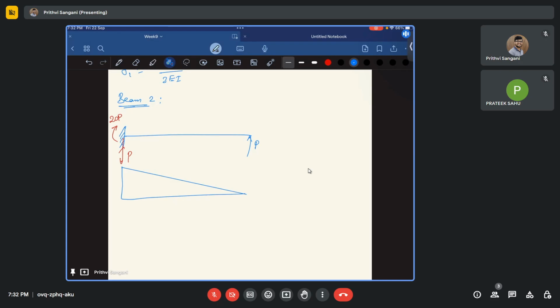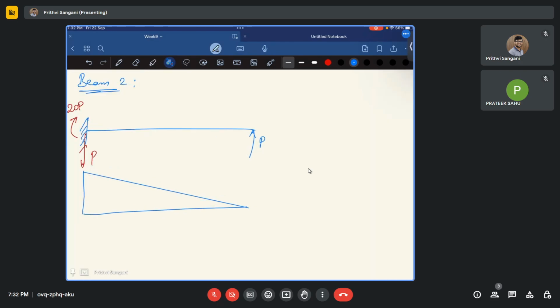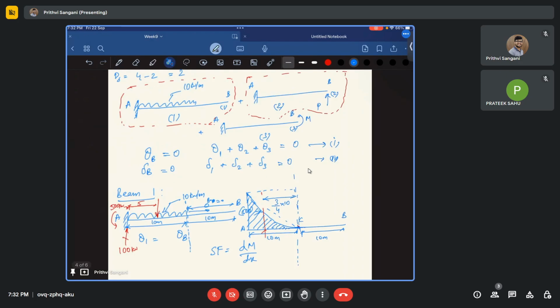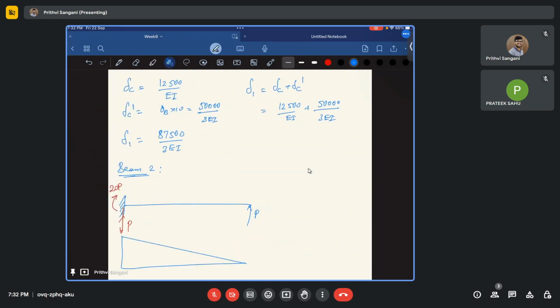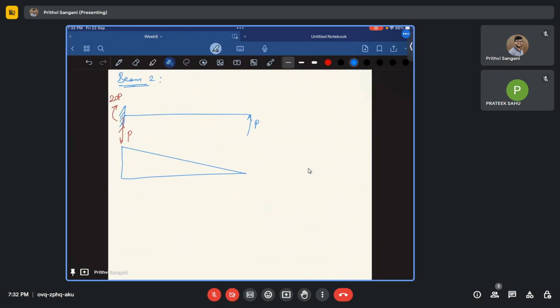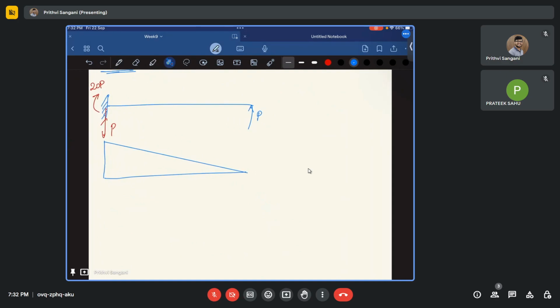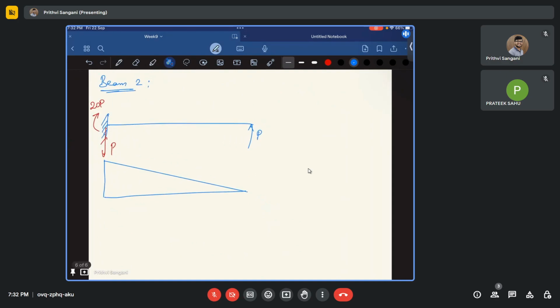Here it is going to be 20P, and the length is 20 meters, as we already know. Now what is theta 2?